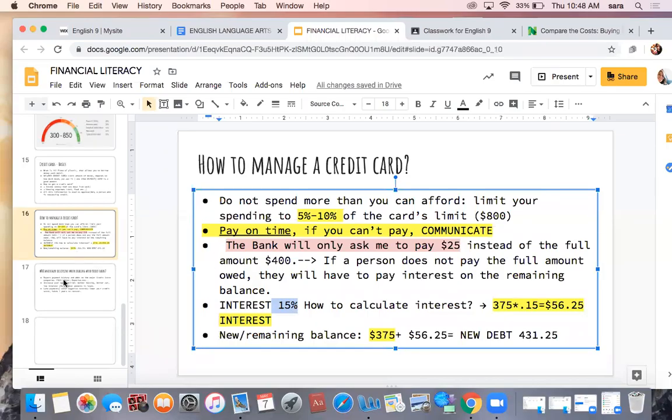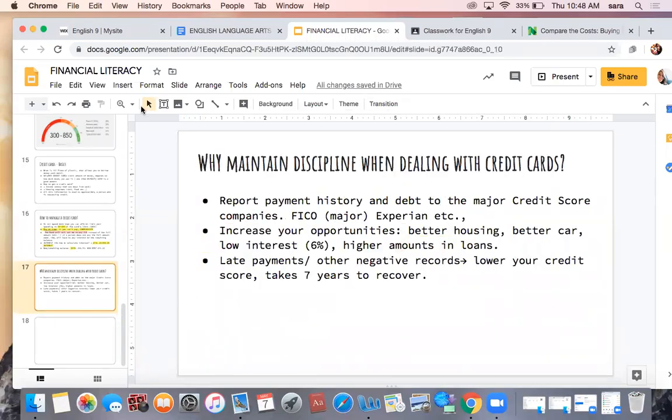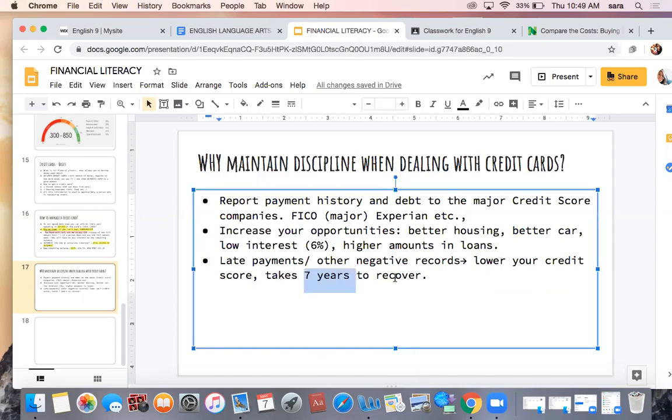Okay. All right. So now that I've given a little bit of a rundown, I did ask this question and we discussed it. Why do you want to maintain the discipline when dealing with credit cards? One is because it's going to affect your credit score, almost like a domino effect. If you have a damaged score, it'll take about 7 years to recover. It depends on how much damage, but the worst of the worst is about 7 years.